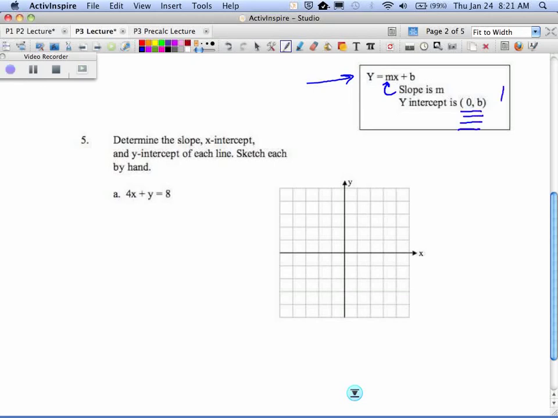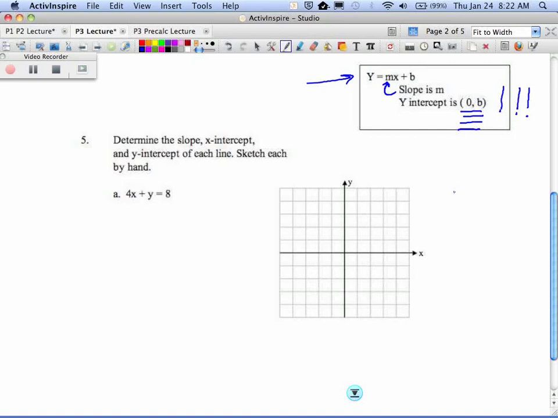Do you see that? Your y-intercept is 0, comma, b. A lot of you have gone through math classes and teachers let you say the intercept is 5 or the intercept is negative 3. That is not an intercept. An intercept is a point, and it is 0, comma something. It's where it's hitting the y-axis, so get in the habit of doing that.